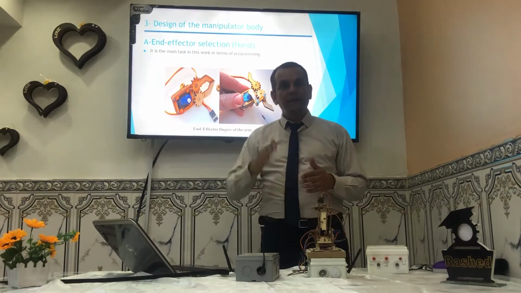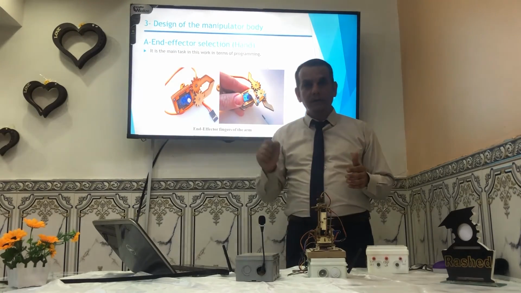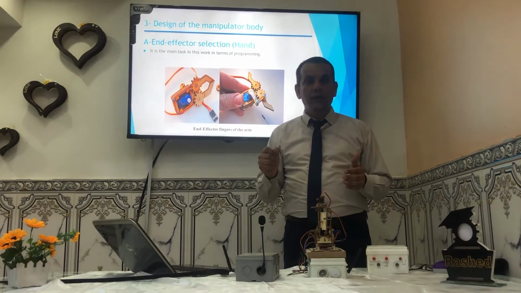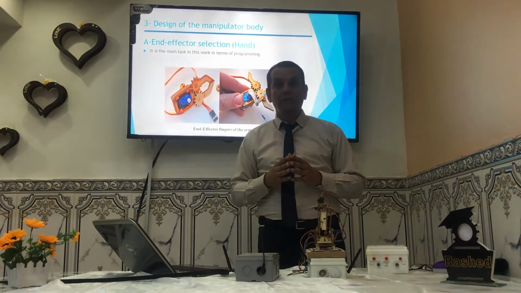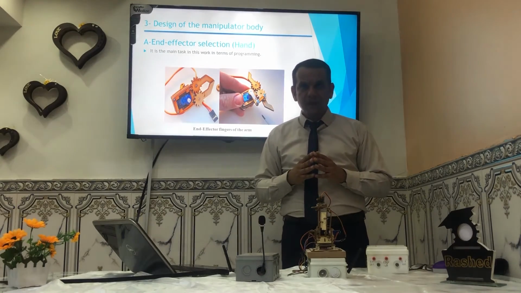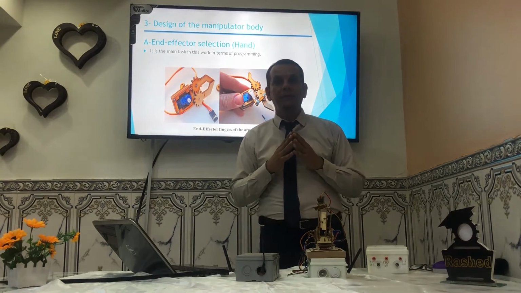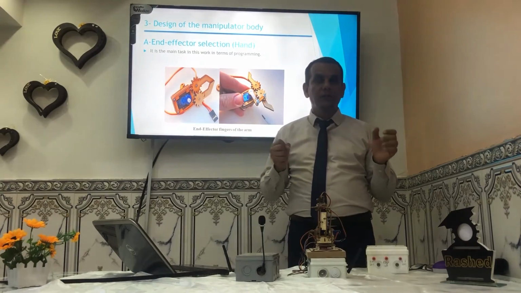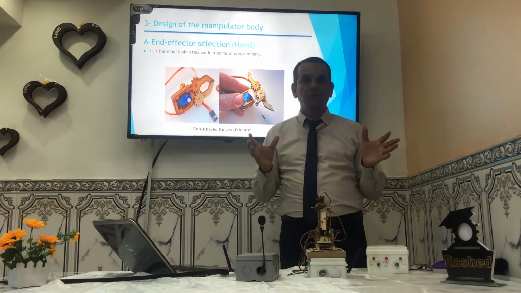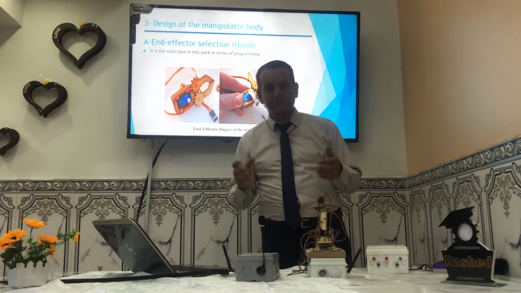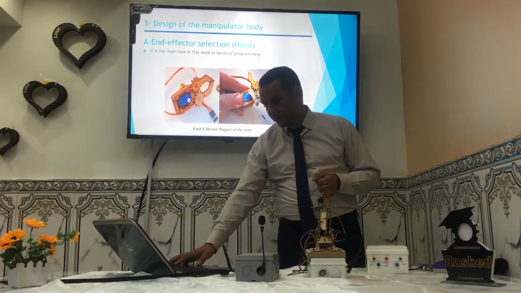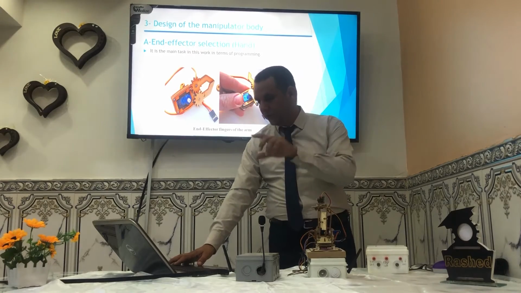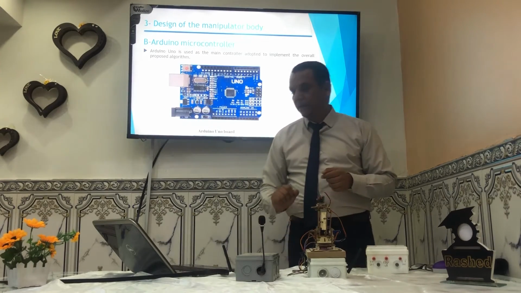Basically, the end effector is just a hand or a device that works according to a variety of different applications. For the robot, it is catch and open. It is a very important part in the robotic arm. Next slide.